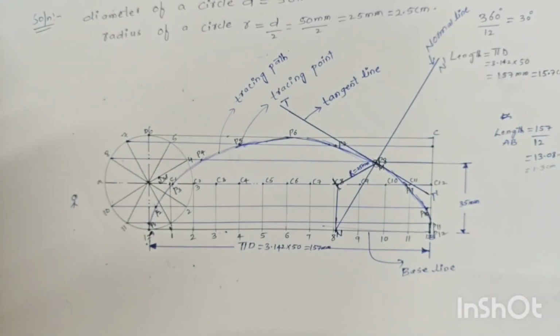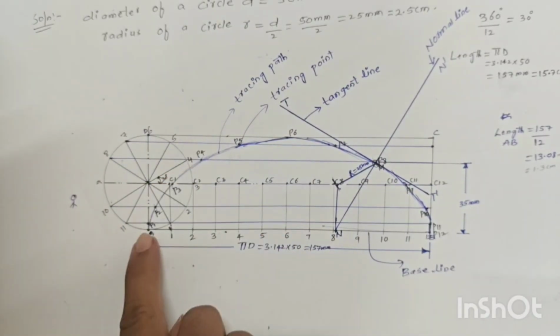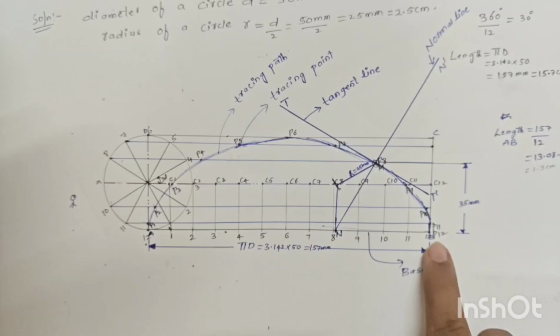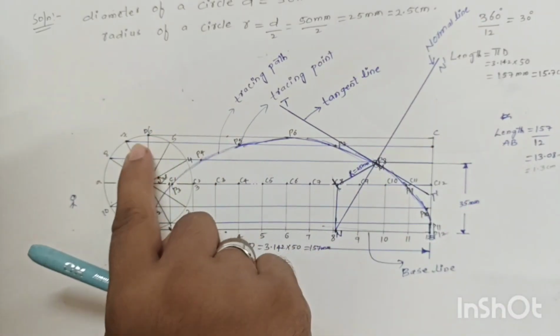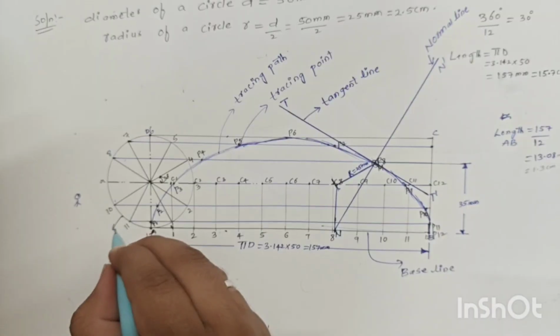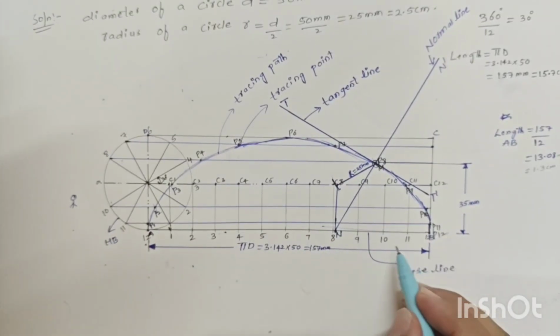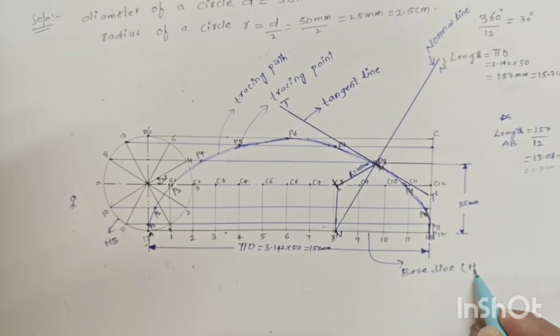So which pencil we have to use over here? Always remember, for the circle, for the base A to B, B to C, C to D, we have to use HB pencil. Which pencil? For the circle also HB. For the baseline A to B also HB.